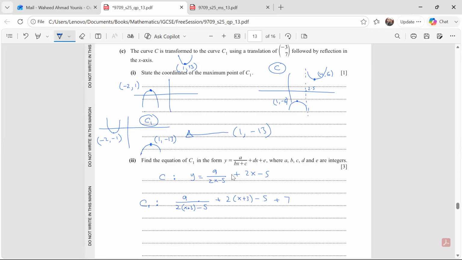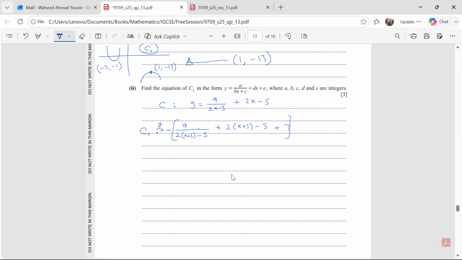So it will go up, right? And the third thing is that I have to take its reflection in the x-axis. So I will multiply everything by -1, or just take the negative of it. So this would be y equal to this thing. Okay, I hope I'm not confusing you. Anyway, let me simplify this. y equals negative, let me leave it outside, 9 divided by 2x plus 6 minus 5, plus 2x plus 6 minus 5, plus 7.